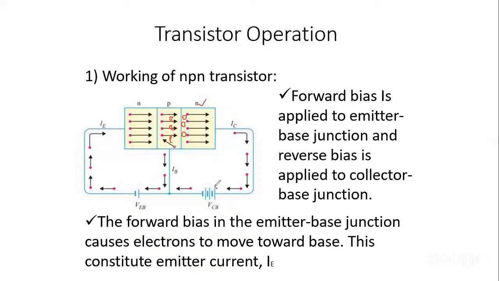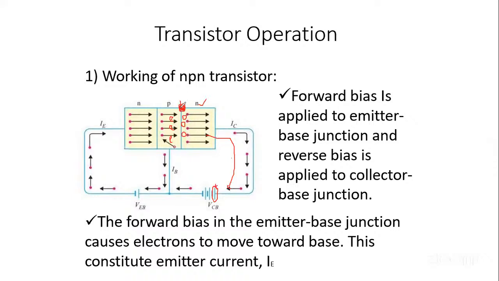So this positive terminal, while it is pulling electrons to itself by attraction, will repel holes towards this junction.